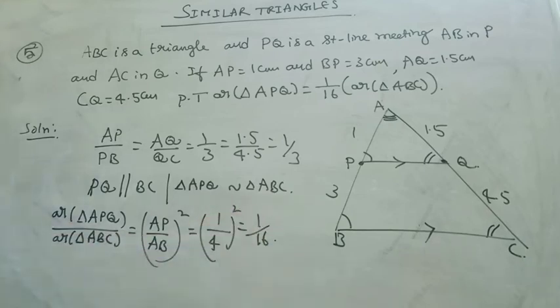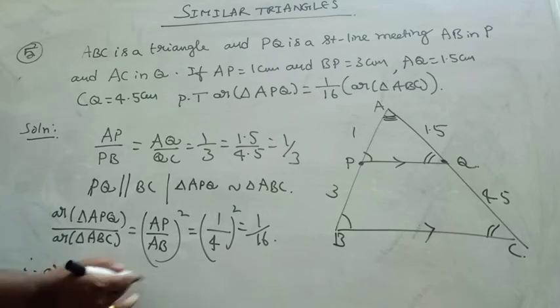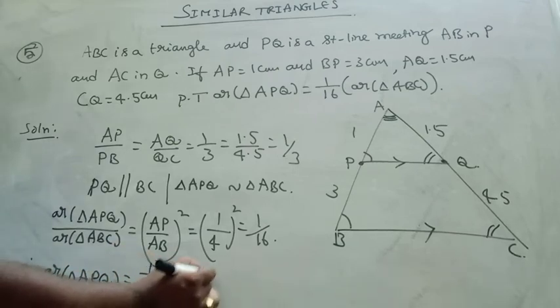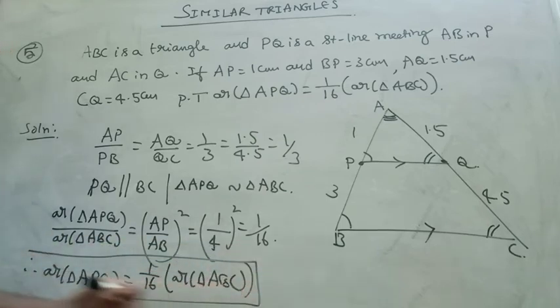Therefore, we have got area of triangle APQ is equal to 1 by 16th of area of triangle ABC. Such a beautiful way we are getting this particular result, my dear students. Please observe, right? Wonderful. This is the 7th problem in your textbook, IPE book.